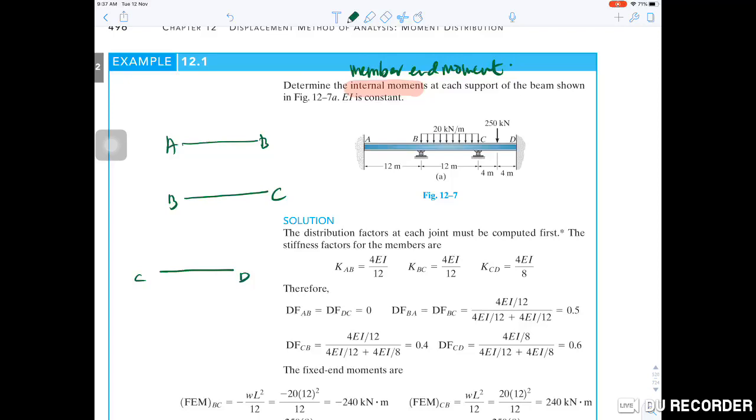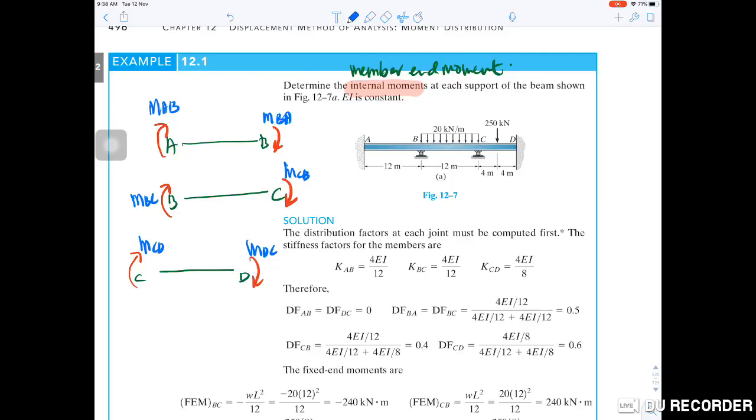Member end moment means this: at the beginning, the moment that acts on the member is clockwise, and this is MAB, MBA, MBC, MCB, MCD, MDC. So we are going to determine these 6 values, because these 6 values are called member end moment or internal moment at each support.